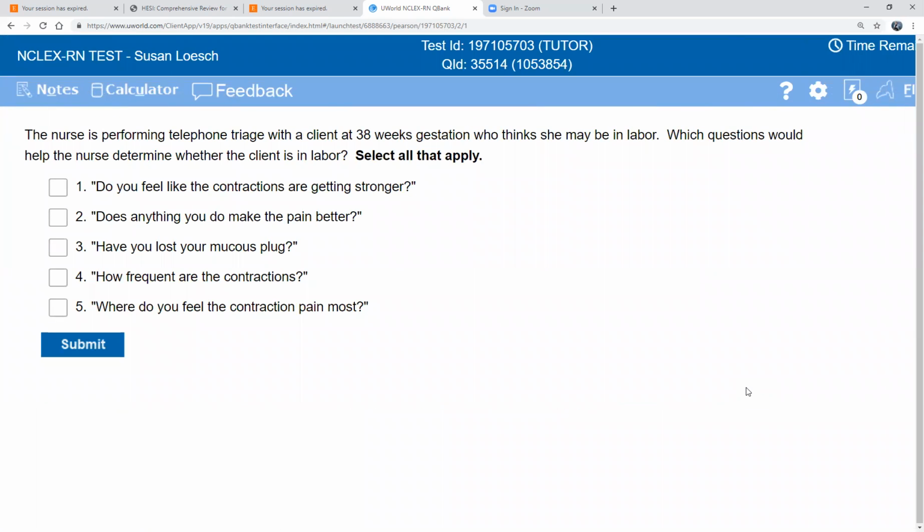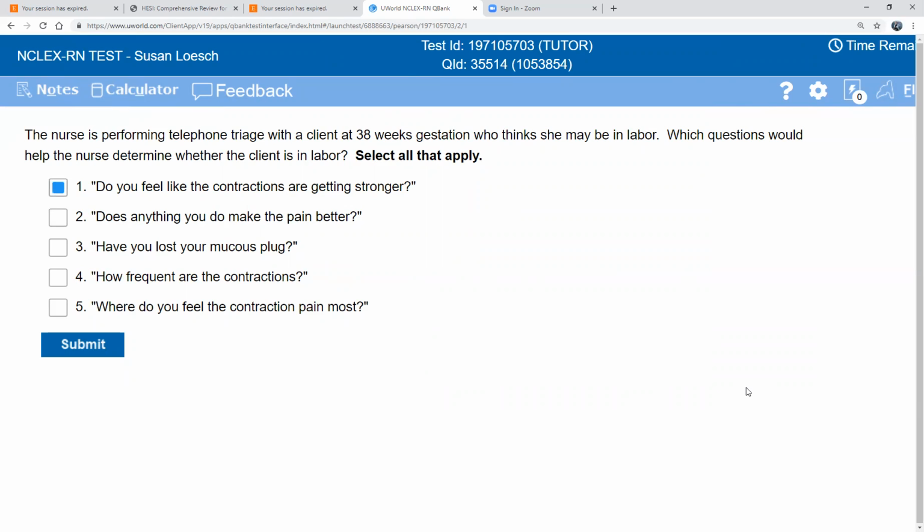The nurse is performing telephone triage with a client at 30 weeks gestation who thinks she may be in labor. Which question will help the nurse determine whether the client is in labor? Select all that apply. Okay, if the contractions are getting stronger, yes.